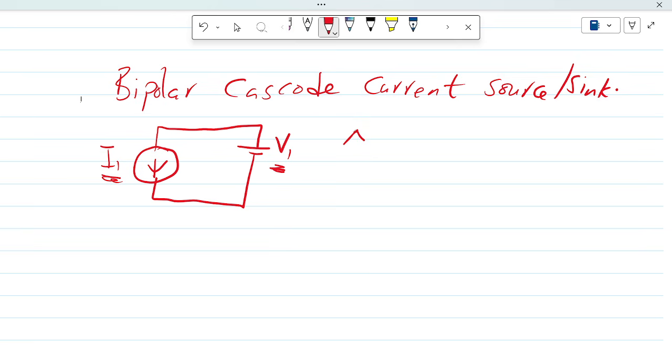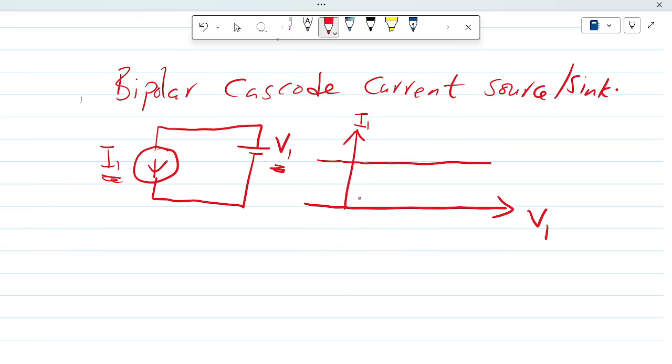So it will make a lot of sense if I get this graph. I have I1, which is supposed to remain constant, and V1. So regardless of the value of V1, the value of I1 should remain constant. Of course, V1 should be large enough to produce I1, else there will be no I1 in the first place.